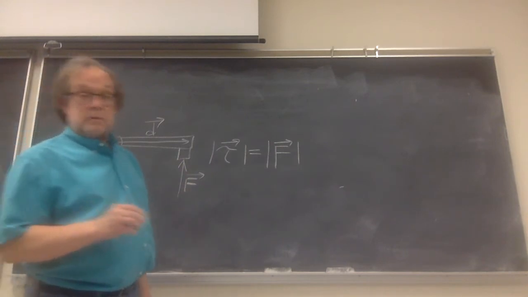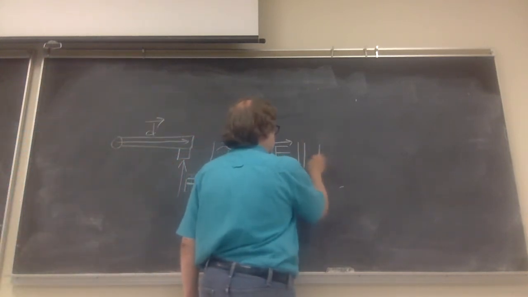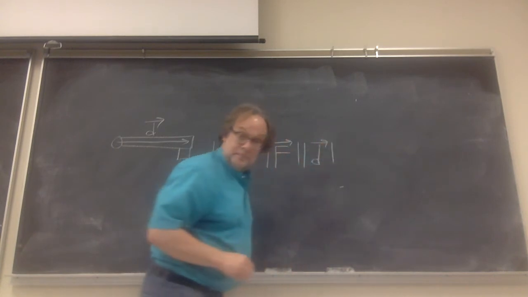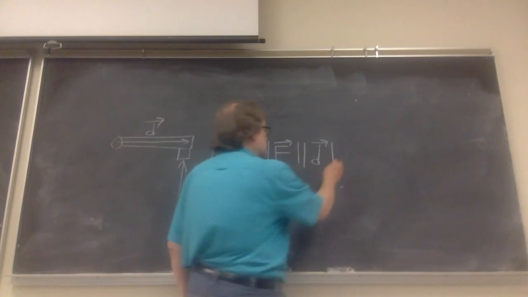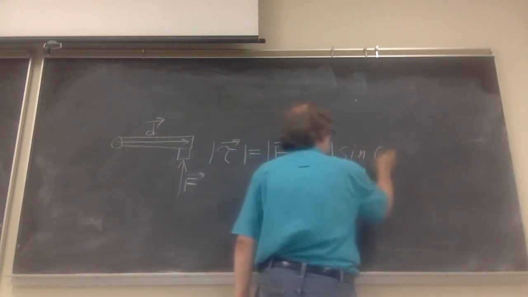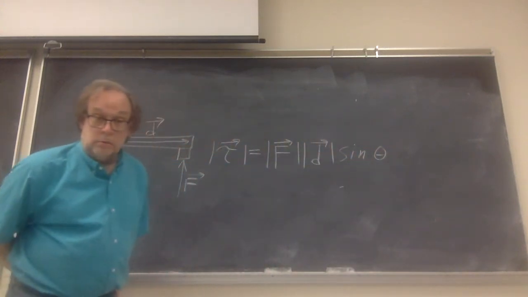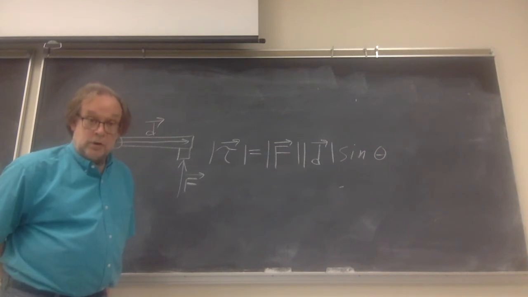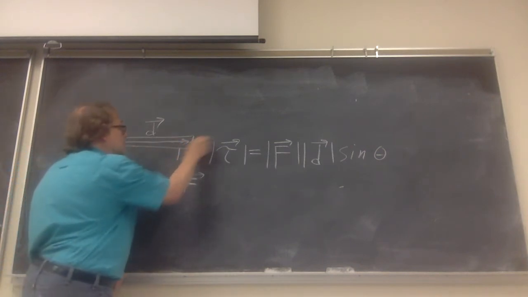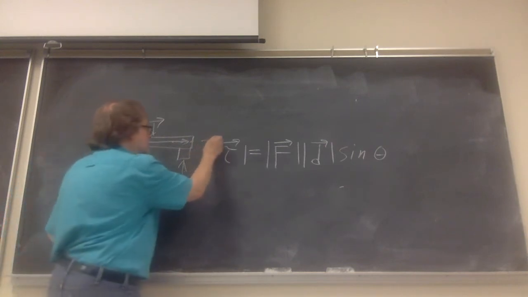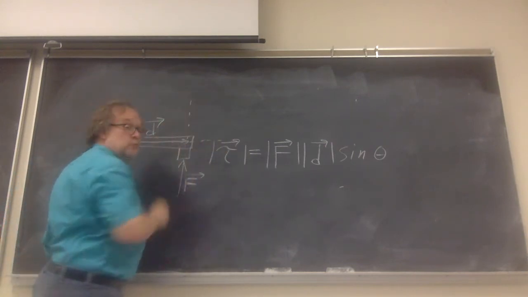The next factor is just the magnitude of that displacement vector. Then there's a third factor, sine of an angle. And the angle is always the angle between the displacement direction and the force direction.